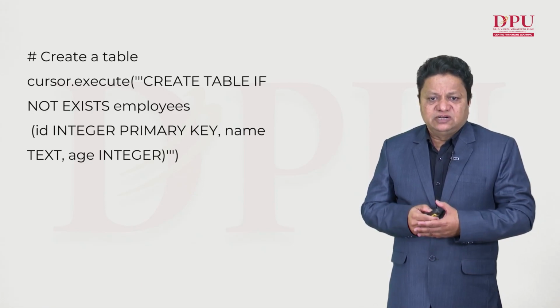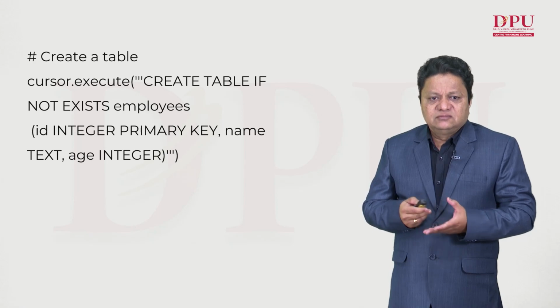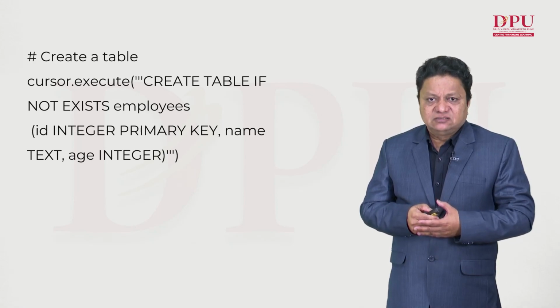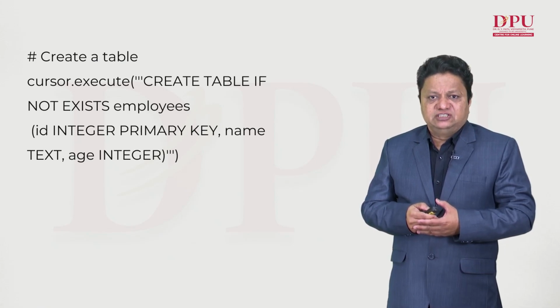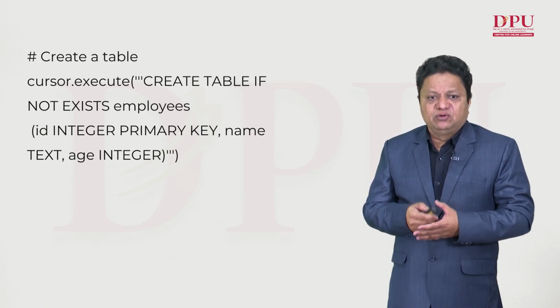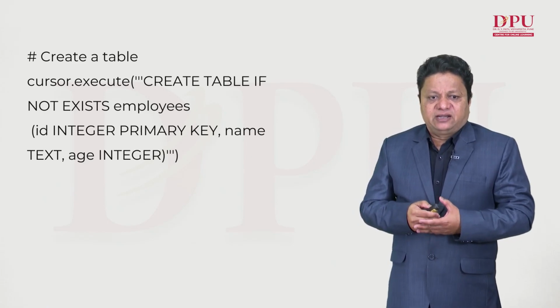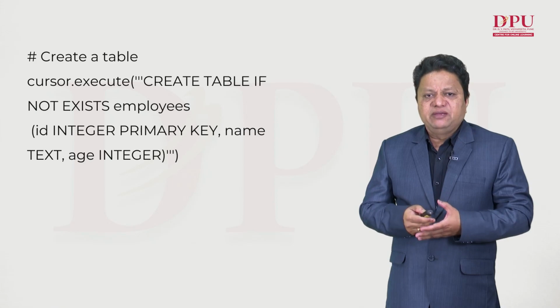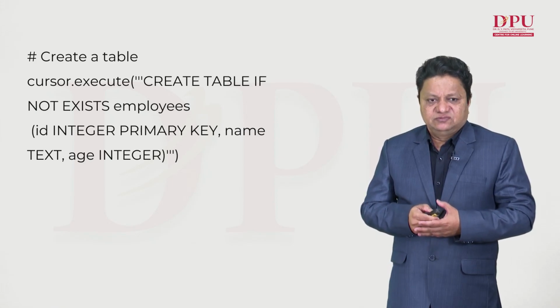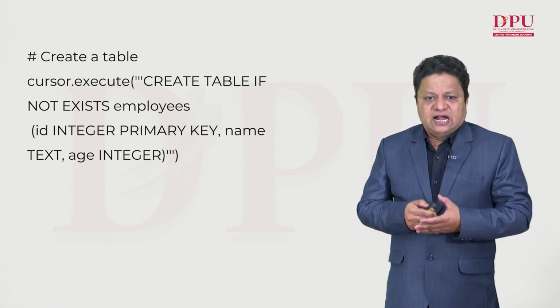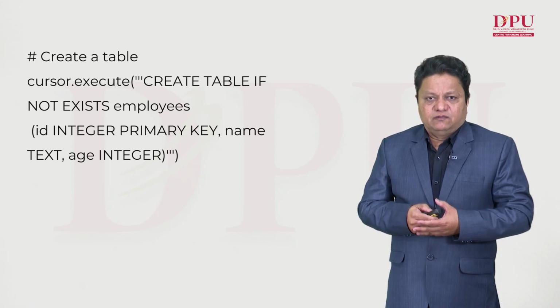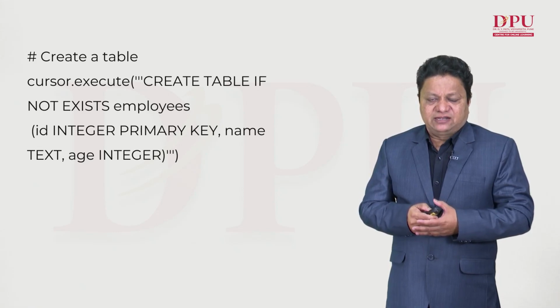Second attribute is name, its data type is text. Next attribute is age, again its data type is integer. So, when this statement is executed, you will have a table with the name employees and attributes like ID, name and age. Here you can see I have created a primary key for ID. So, ID will act as the primary key for this employees table.